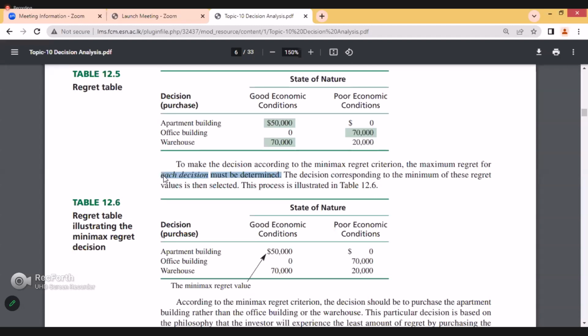So here, for good economic conditions, the maximum one is 70.